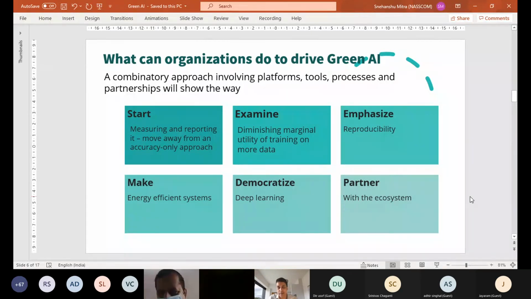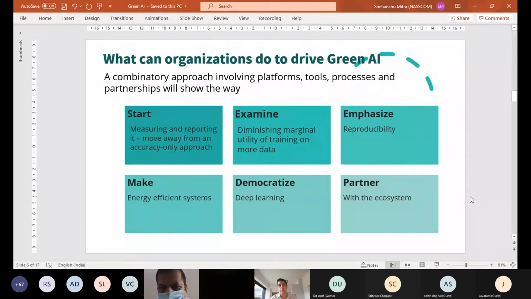The final point that can be argued is, again, on the point of democratizing deep learning, we need to work with a very robust artificial intelligence ecosystem, which comprises academia, research labs, startups as well as enterprises, where they come together to solve problems rather than wanting to solve it all by their own.